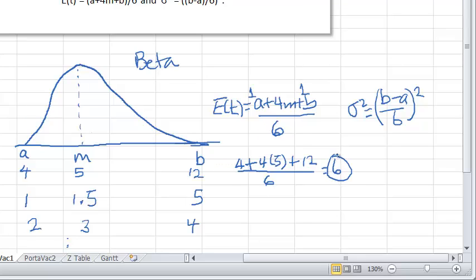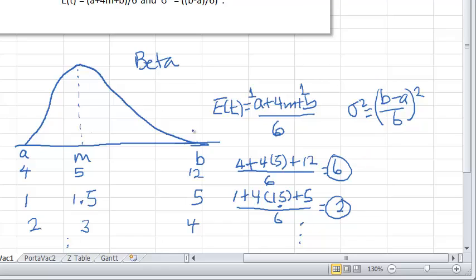Okay, so here is the expected time for A. And now for B, we would have 1 plus 4 times 1.5 plus 5, and then divide all that by 6. In the numerator we have 12. 12 on the top divided by 6 gives us 2. Okay, and so forth.